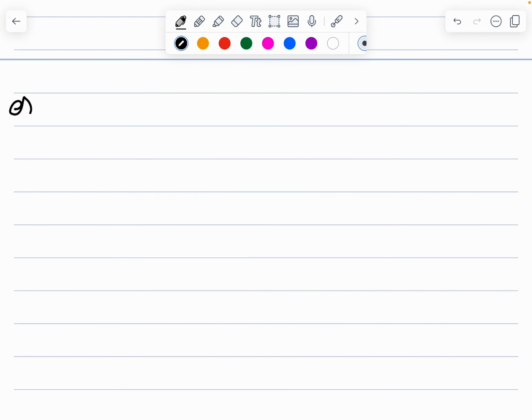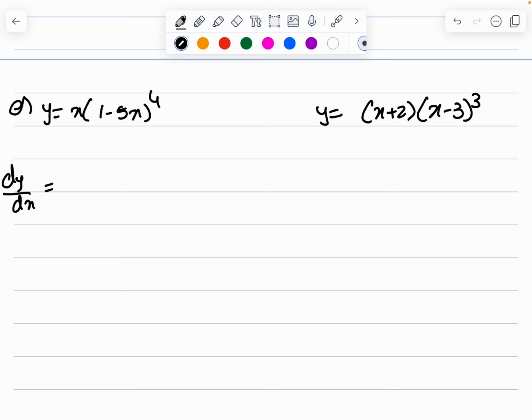Question number E. So y equals x times (1 minus 5x) whole to the power of 4, and y equals (x plus 2) times (x minus 3) whole to the power of 3. So what will be dy/dx? dy/dx will be equal to, in this case, x times 4 times (1 minus 5x) whole to the power of 3 times negative 5, plus (1 minus 5x) whole to the power of 4 times 1.